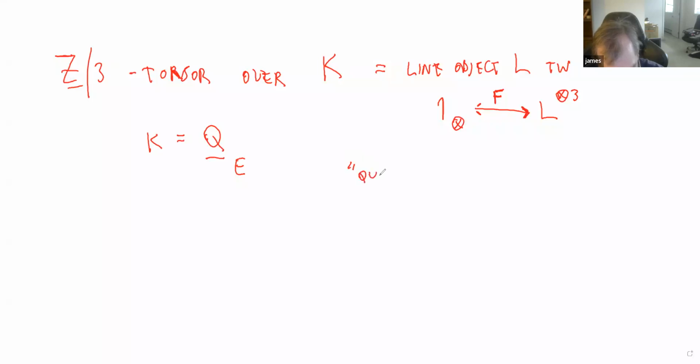elements or quantities in K, in this field K over which the group splits.